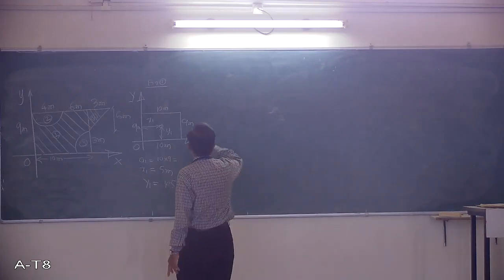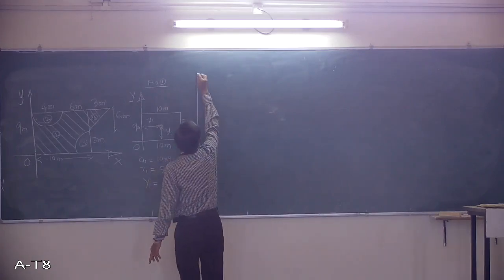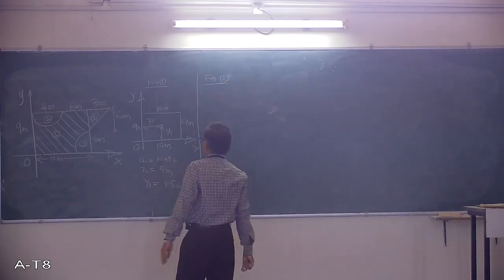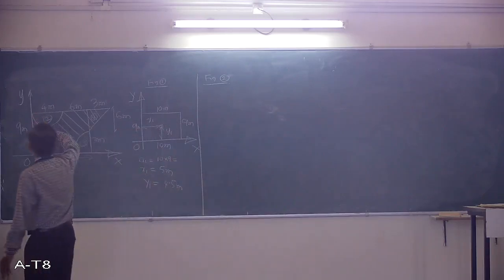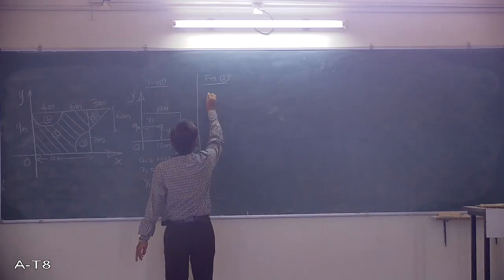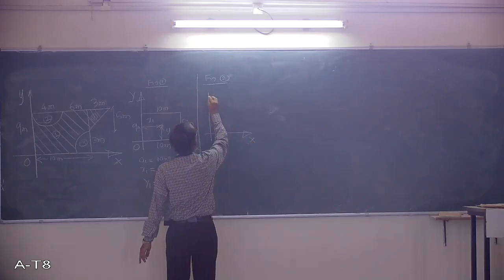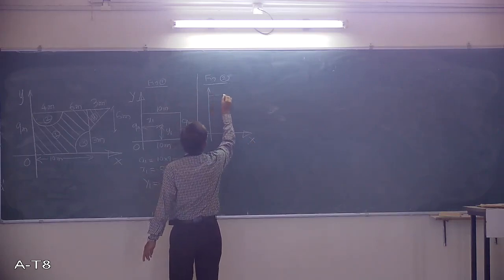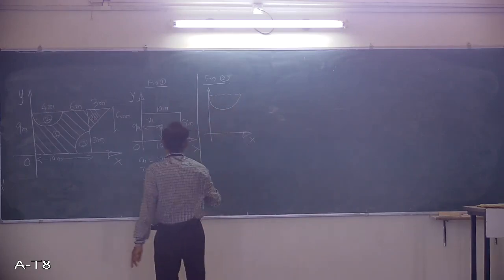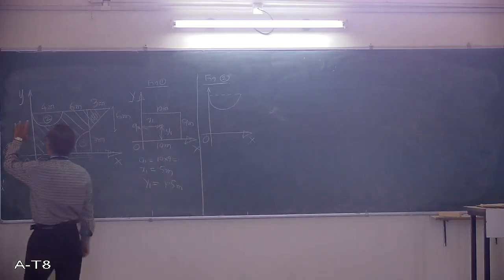Then I write figure 2. Figure 2 is the semicircle. Here also I have to write the x and y axis, the same thing. Semicircle. So this is the origin point, 9 meter.